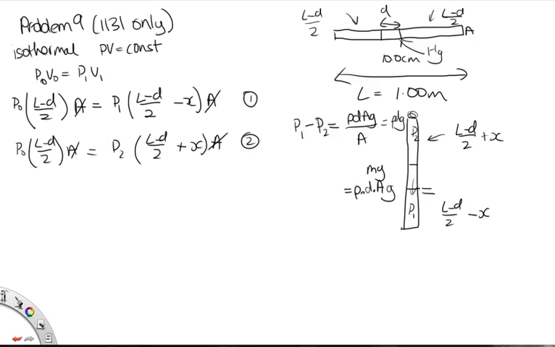Okay, now we've said that the difference between P1 and P2 is given by rho dg.